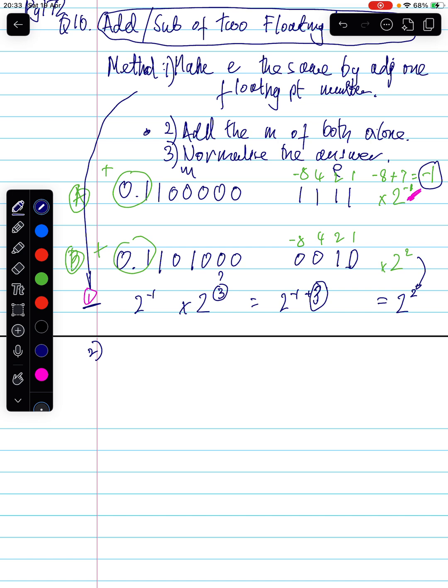Actually, no, we need to just make a slight adjustment to this. Our exponent adjustment is going to be positive 3.